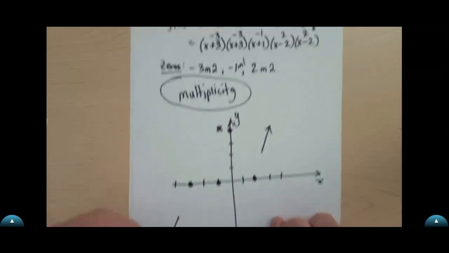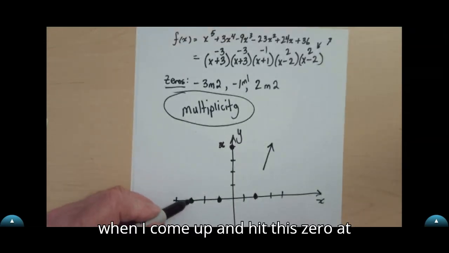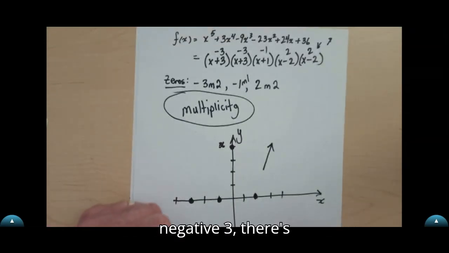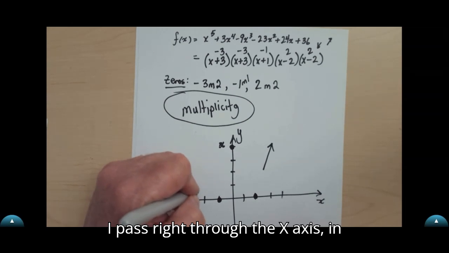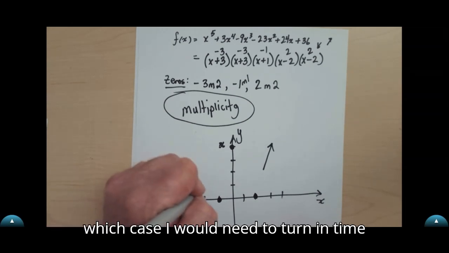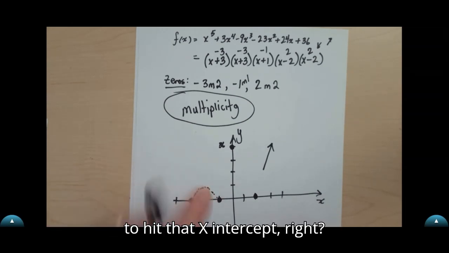So when I come up and hit this 0 at -3, there's 2 possibilities. Either I pass right through the x-axis, in which case I would need to turn in time to hit that x-intercept, right?